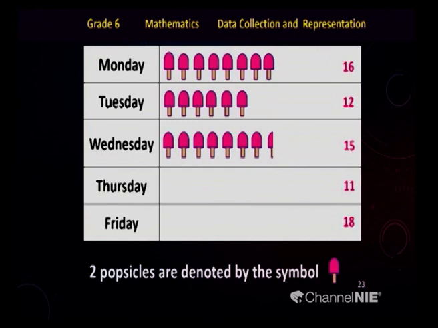Then tell me Thursday. That is also an odd number. Again, there's a question for you. How to represent this? 11. Can you divide 11 by 2? We can divide, but there's a remainder. That is 1. So, we have to use 5 symbols and half of a symbol.